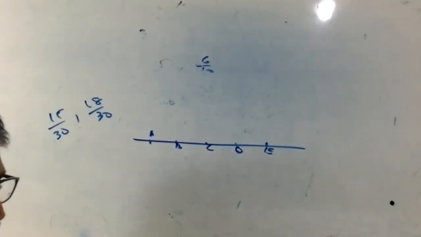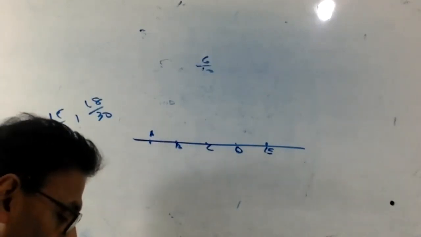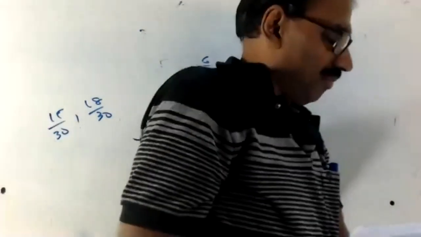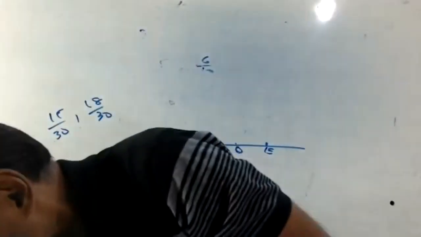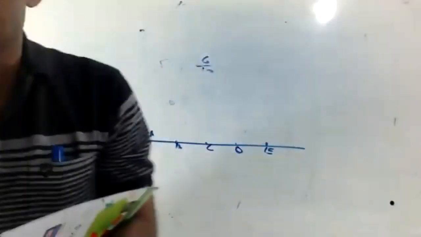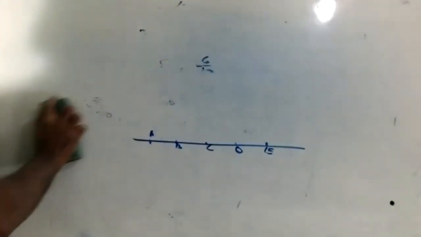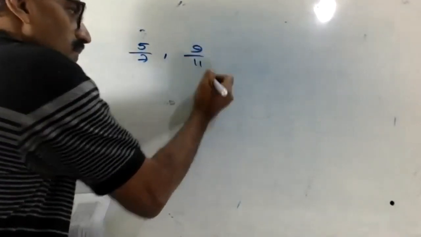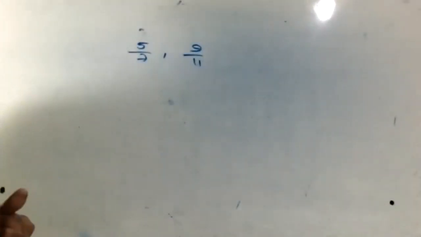Now come to our question. Find 3 rational numbers. This is a star question. Star 1: find 3 rational numbers between 5 by 7 and 9 by 11.